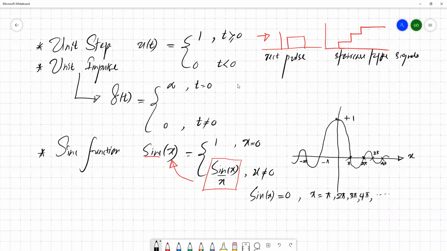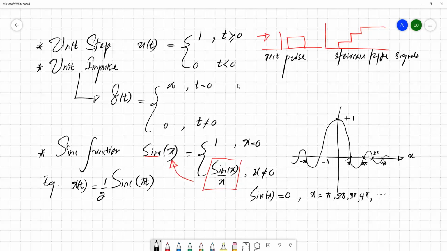If any function can be expressed using the sinc function, you can plot its behavior. For example, let's take a function x(t) equals half sinc(πt).